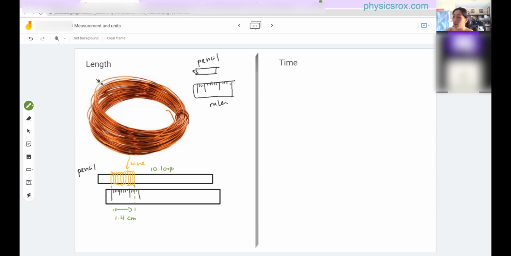Based on this information, how much do you think is the diameter of the wire now? 1.4. 1.4 what?